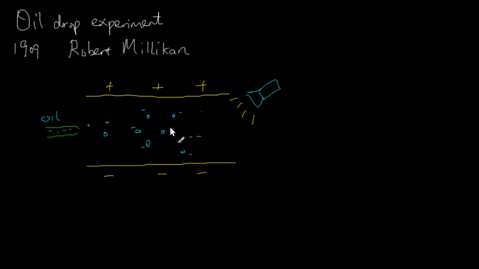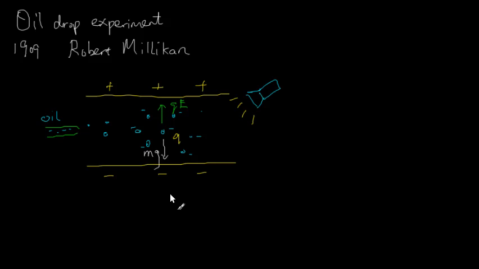Let's say I look at that droplet there, and let's say the charge of the droplet is Q. Now the electric field between the plates would produce an upward force, and that would be equal to the charge times the electric field strength, E. And there is another force, of course: the force of gravity acting downwards, mg. So we have two forces, one up and one down.